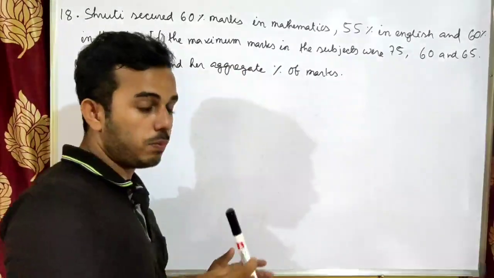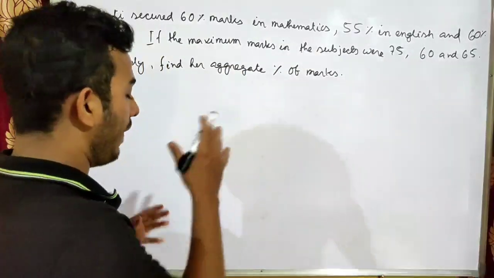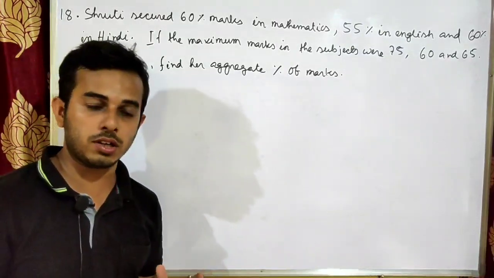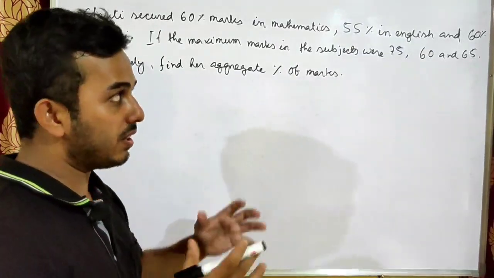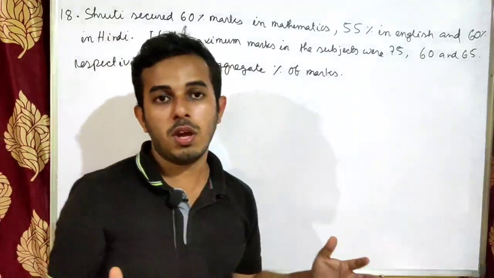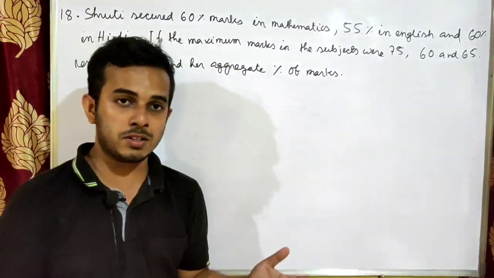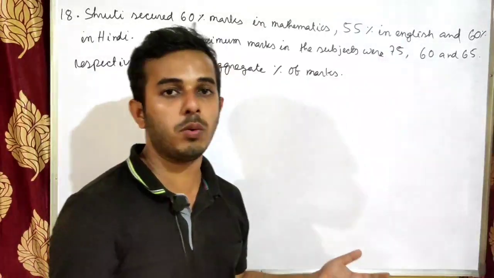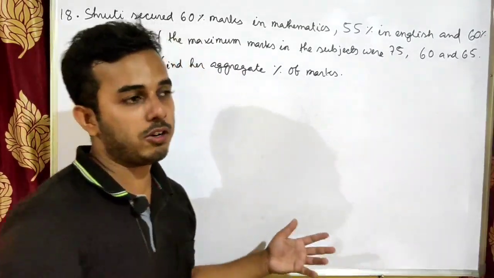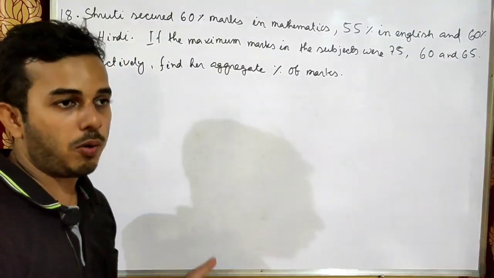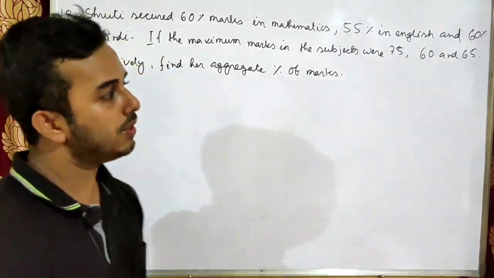But marks obtained we have to find, so first we find the marks obtained in each subject. Add the marks of 3 subjects, it will be the marks obtained. Then marks obtained by total marks into 100 will be the aggregate percentage. So let us see how much she secured in each subject.